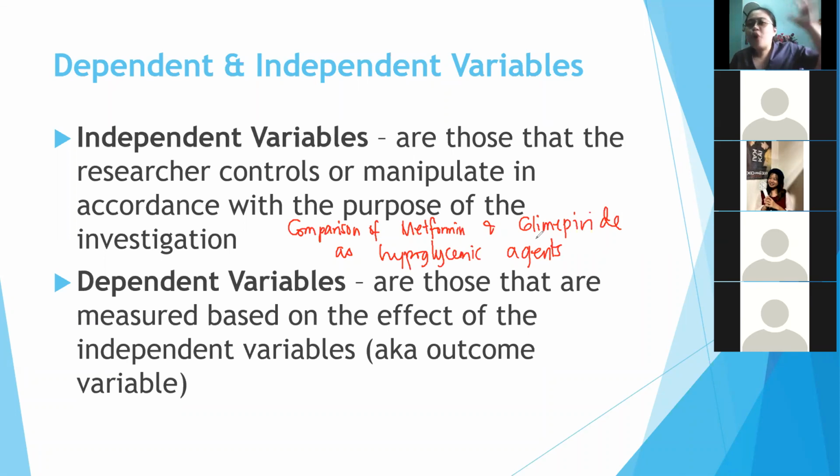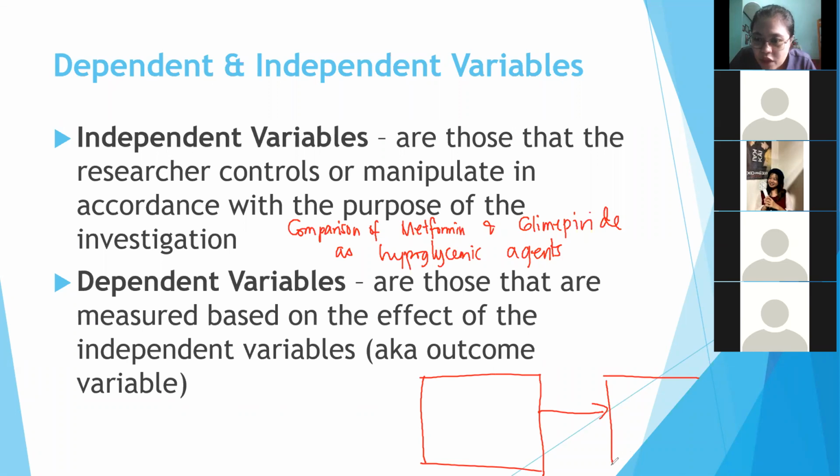Comparison, you would like to compare metformin and glimepiride as hypoglycemic agents. So, unsa kaya atong gina-manipulate, gina-control sa study? Unsa atong gina-imbestigahan? Metformin and glimepiride. Okay, that is your independent. Okay, very good.